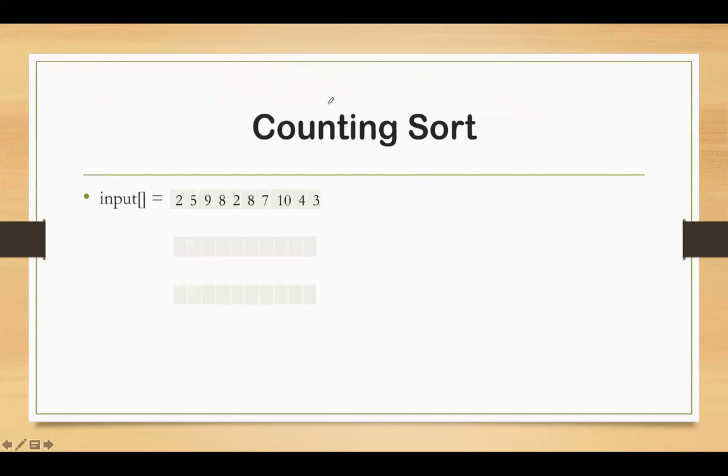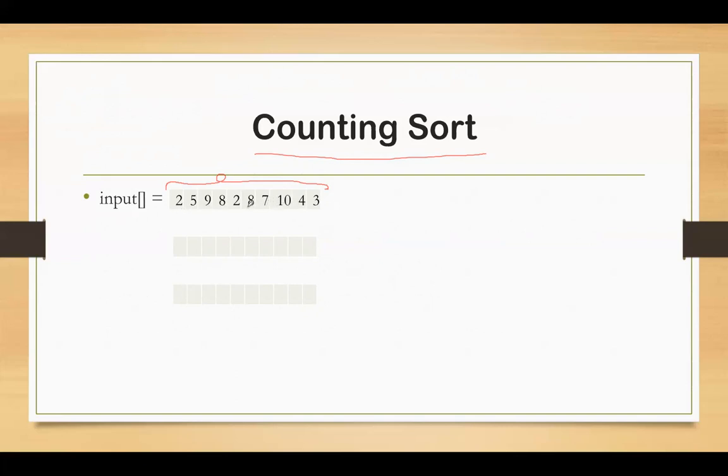Suppose we have got input numbers to be sorted: 2, 5, 9, 8, 2, 8, 7, 10, 4, 3. If we have to sort this using the counting sort algorithm, firstly, we remember the assumption that it should be non-negative discrete values, which we see holds. Plus, the minimum and the maximum should be in a reasonable range.